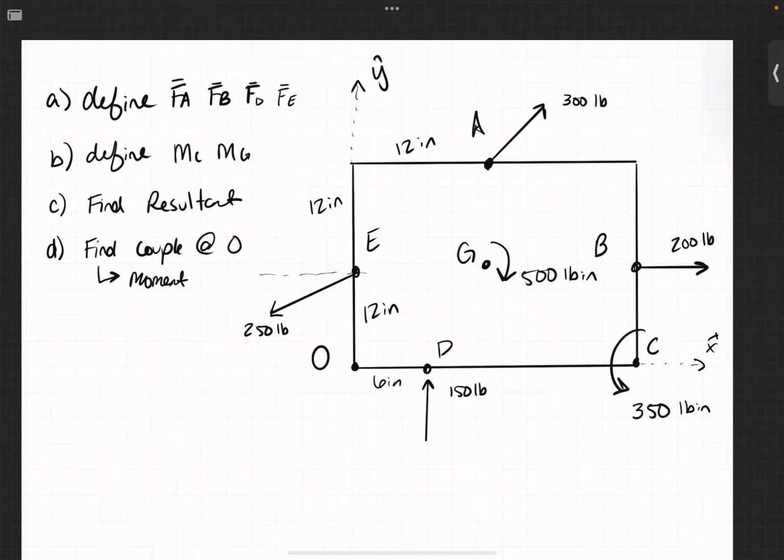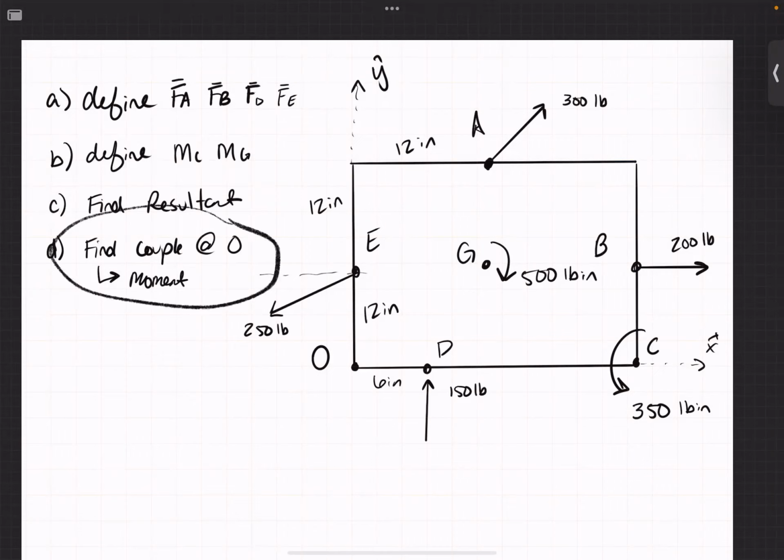This is a great problem because you have to define the forces in vector form, so I'm looking for X and Y components here. Then you have to define the moments of MC and MG. And then the resultant is the sum of these forces. And the couple is what I talked about for like 5 seconds last time.